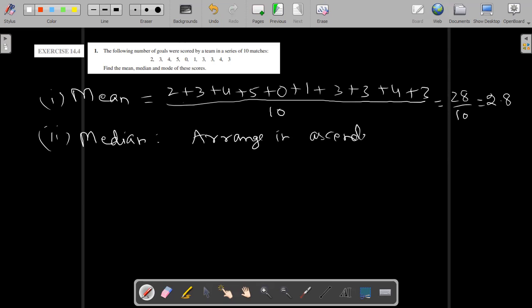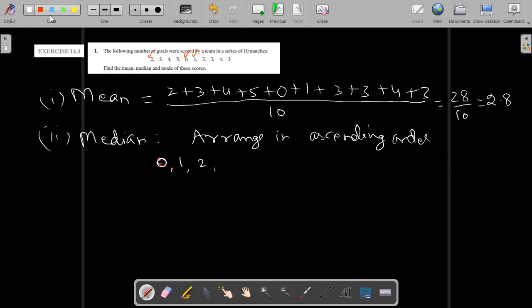The lowest value is 0, so first you will write 0. Then 1 is coming one time only, so 1. Then 2 is there, one time only, so you will write 2 one time.